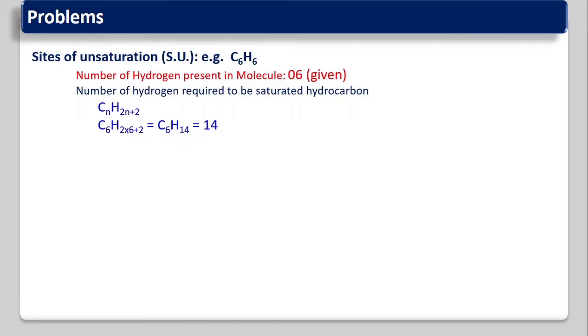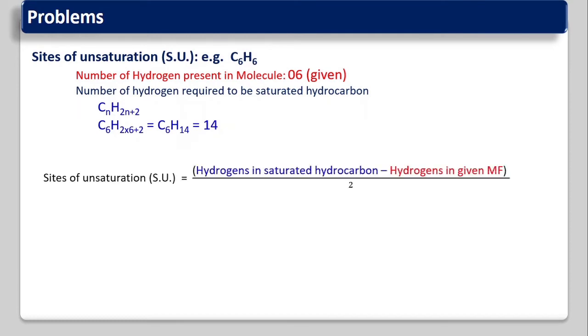In this way we can calculate the sites of unsaturation by the following formula. Sites of unsaturation is equal to the hydrogens in the saturated hydrocarbon, which is 14 for 6 carbons, minus the hydrogens given in the molecular formula, which is 6, divided by 2.